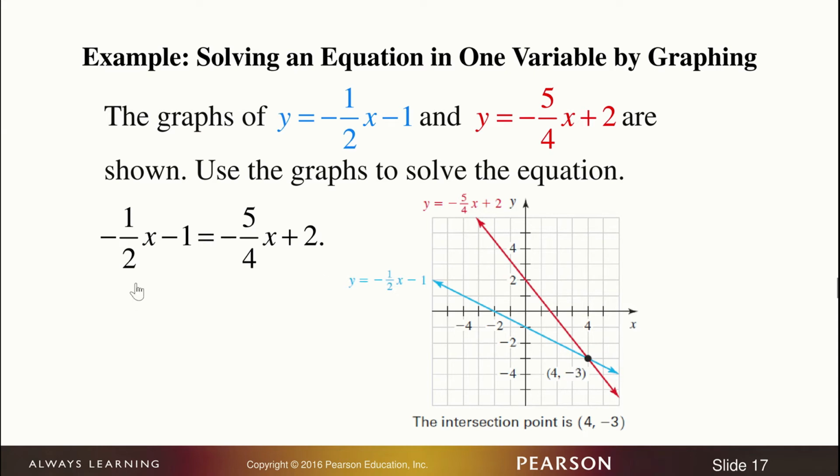But the x value that makes that equal output possible is 4. So the number of interest for us once we find the point of intersection is actually the x coordinate, right? So once we see that, we can say that the solution is x equals 4. And we can write it as a solution set in this way.